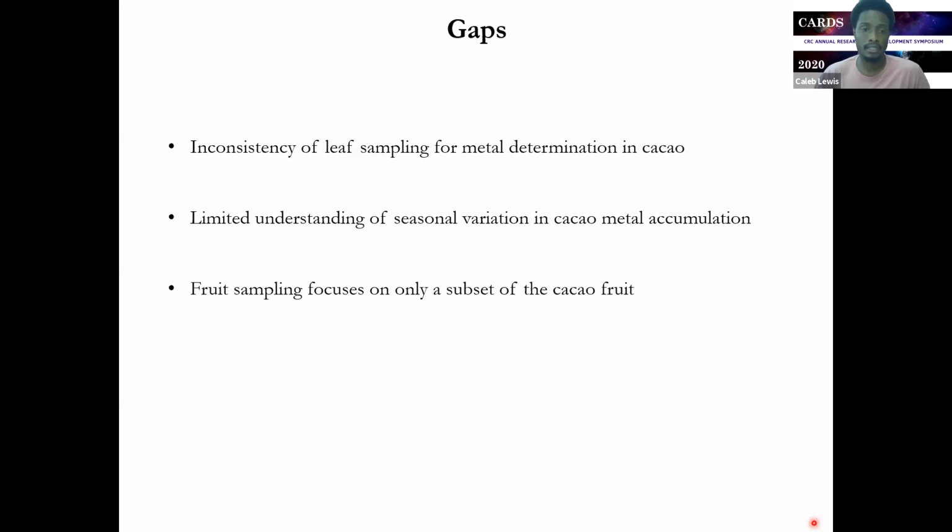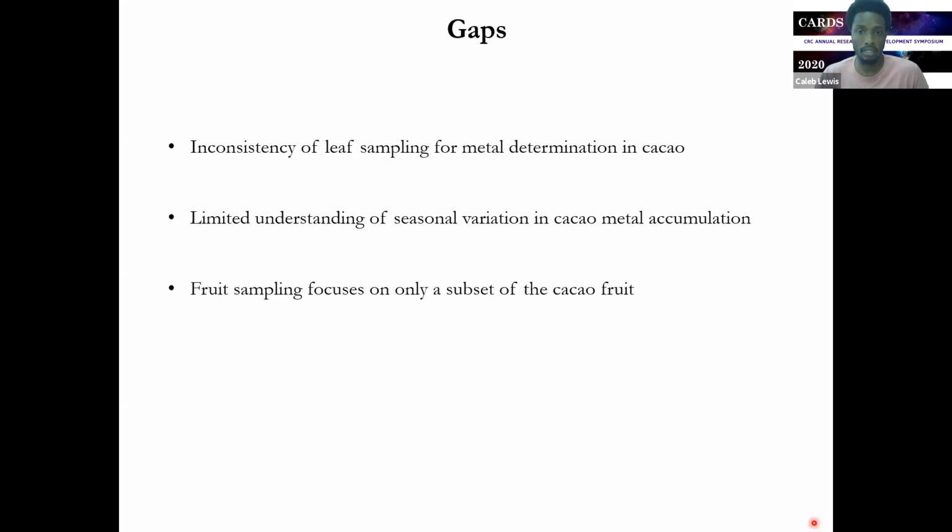The third gap is that fruit sampling focuses on only a subset of the cacao fruit. It's focused on the economical part, which is the cotyledons. While the cotyledons may be the economical part, and it's understandable why we would focus our effort on reducing the cadmium concentrations in the bean itself, the bean develops as a pod, not just the beans themselves.